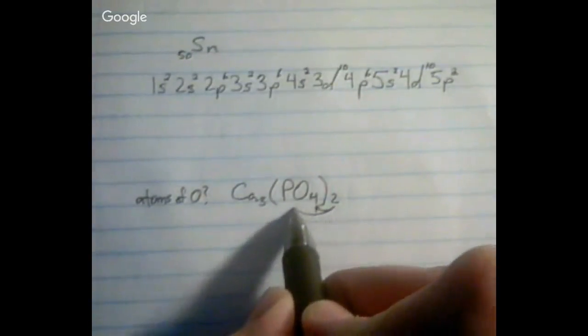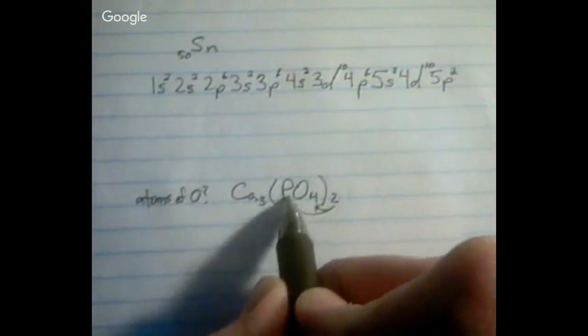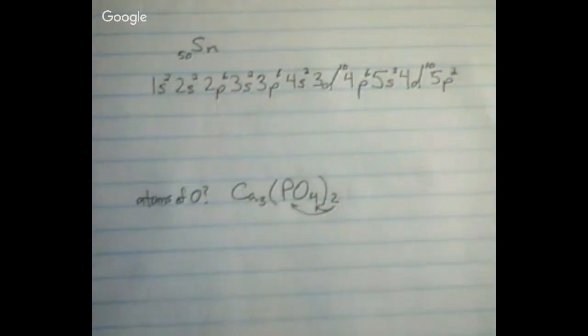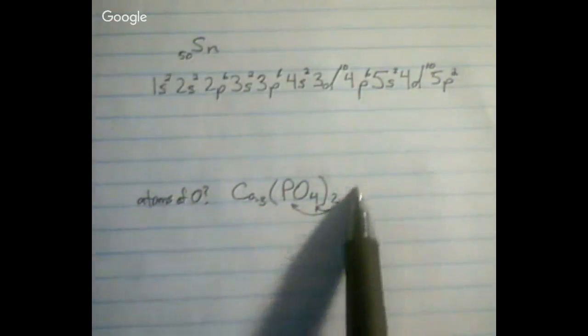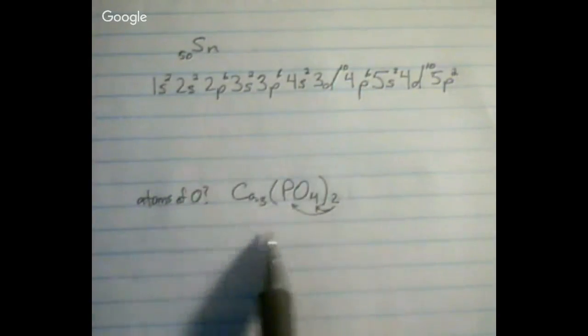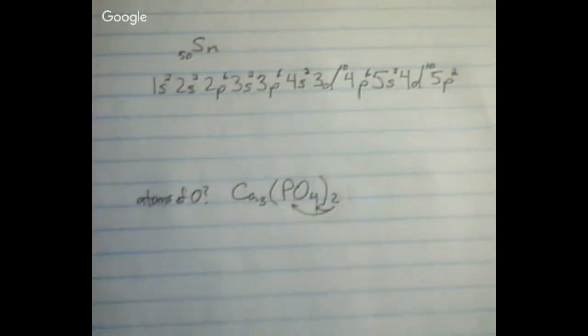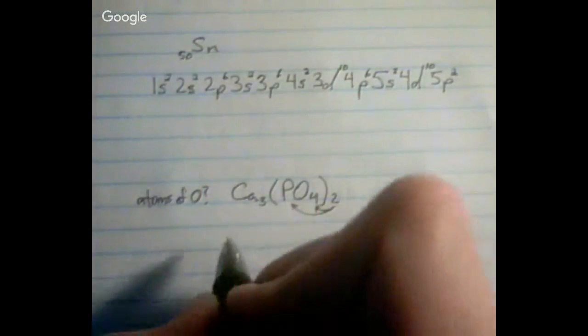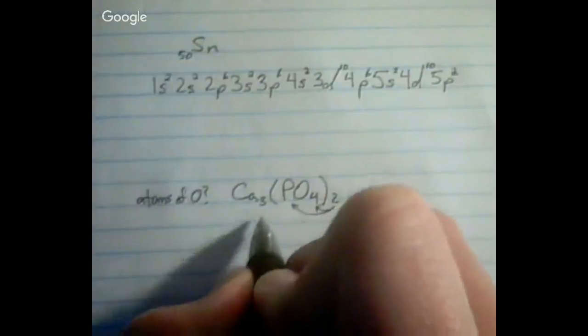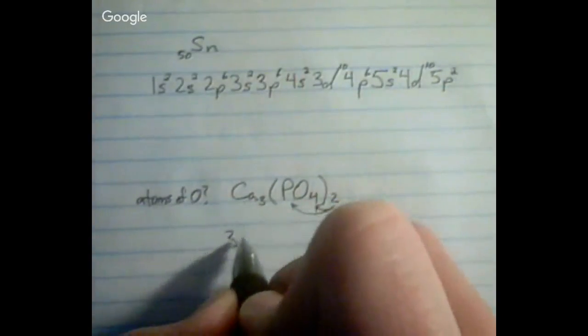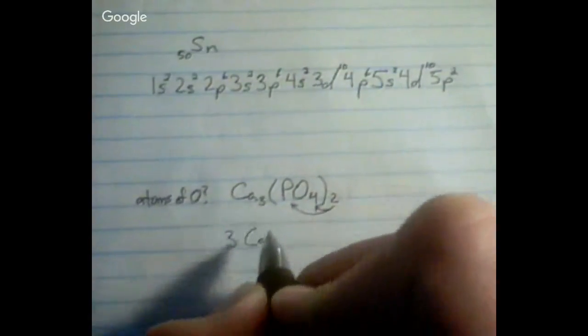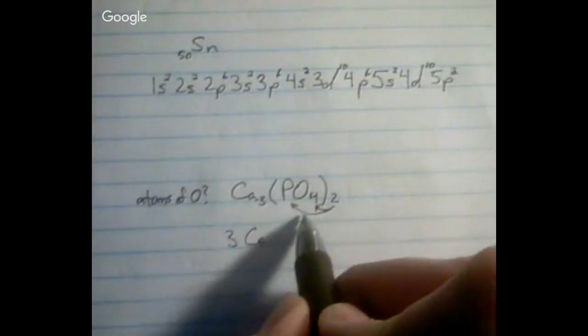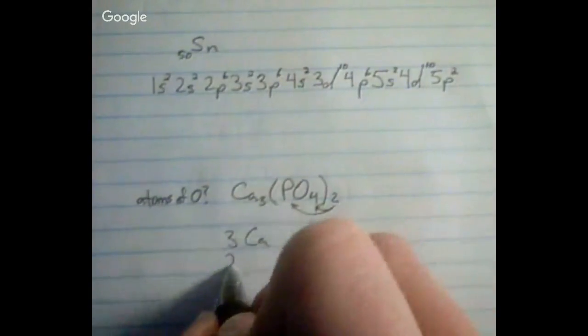It also applies to that phosphorus, which has an imaginary 1 as a subscript. Okay, so if I have 1 calcium phosphate, I just have 1 formula unit. I'm going to have in total 3 calcium atoms. Okay, so 3 Ca, and then 2 phosphorus.